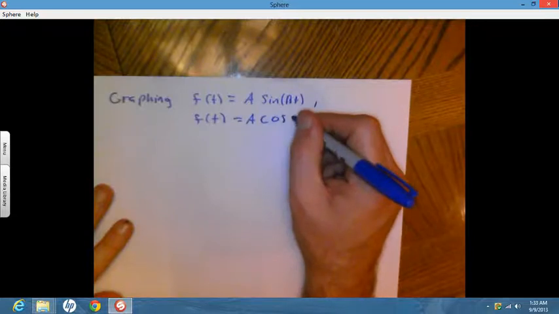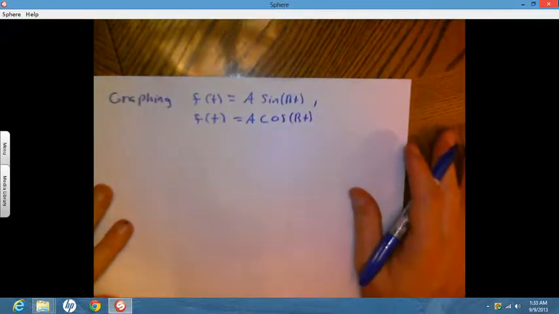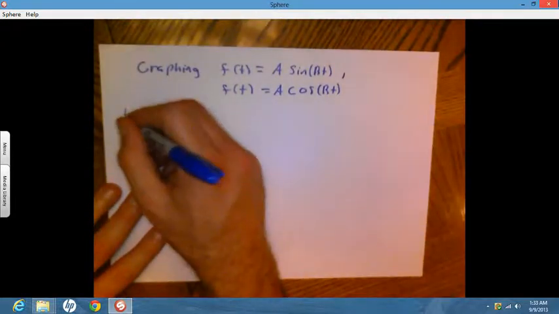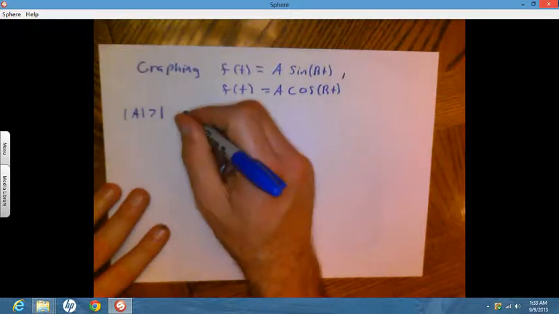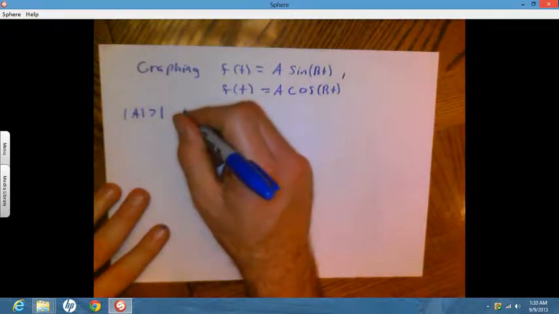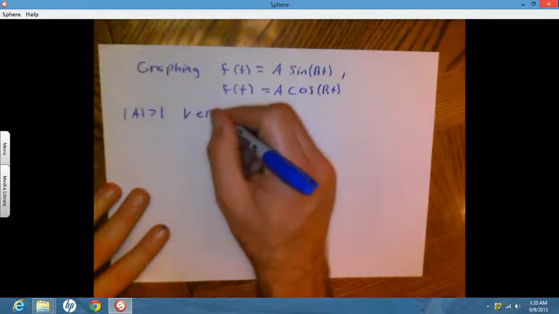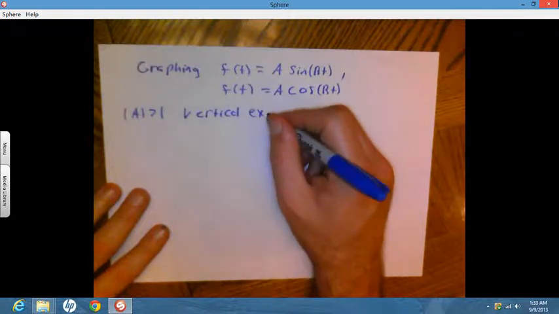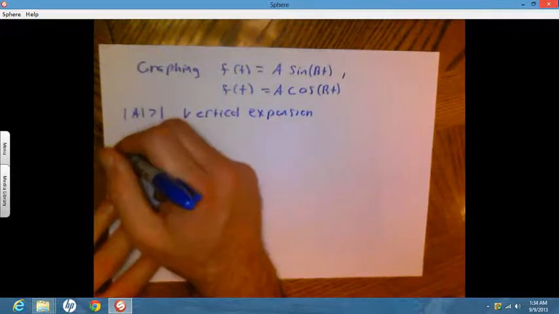All right? Now we're going to note that if the absolute value of a is greater than 1, we have a vertical expansion. And if the absolute value of a is less than 1, we have a vertical compression.